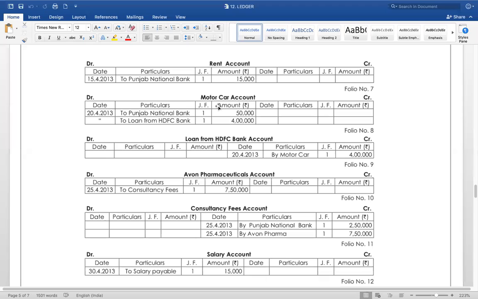And next is motor car account debit to loan from HDFC account, that is 4 lakhs. So in loan from HDFC bank account, the writing is what is debited in motor car account is credited in the loan from HDFC bank account.